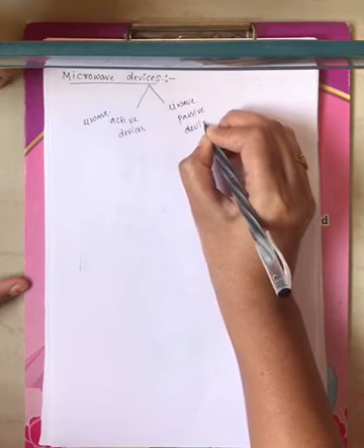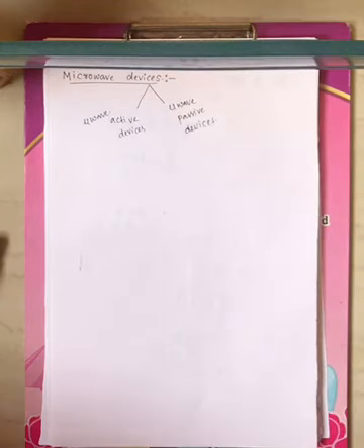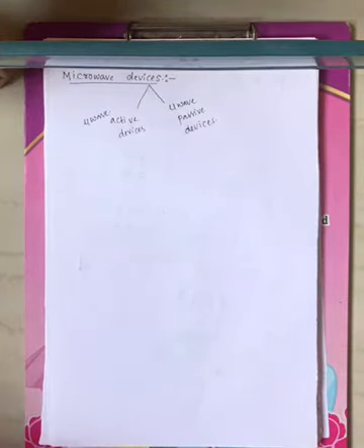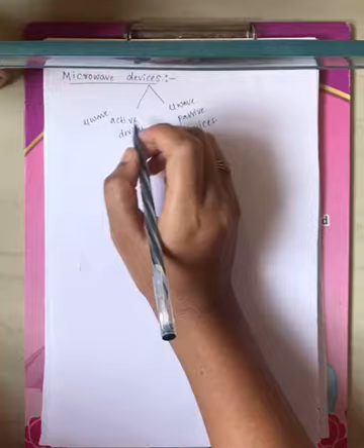Among those, they are classified into microwave active devices and microwave passive devices. You know the meaning of active component and passive component. Here also it is the same thing. Microwave devices are classified into two types: microwave active devices and microwave passive devices.